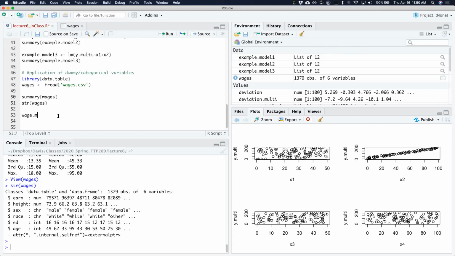So we'll do a model. It'll be called the wage model, linear, regressing earnings on education plus age plus. So I'm just going to put this for now, and I'll explain this in a second. Essentially, we're going to be adding another variable called sex for gender, and we're getting all this from our wages data set.